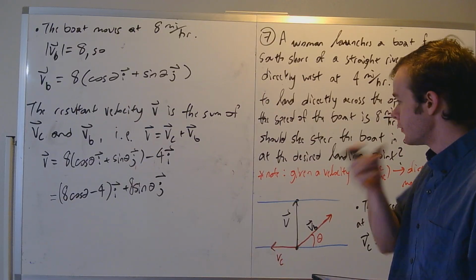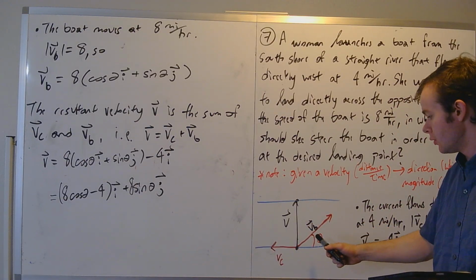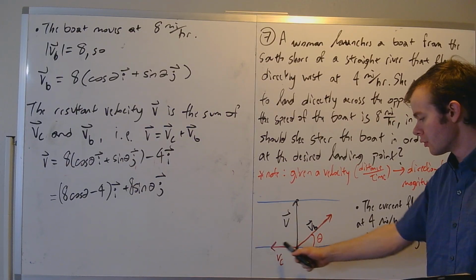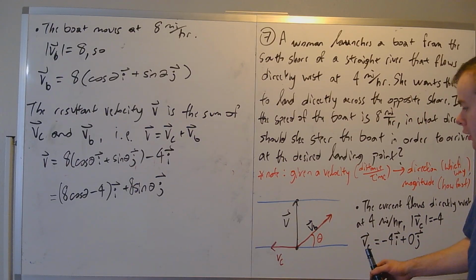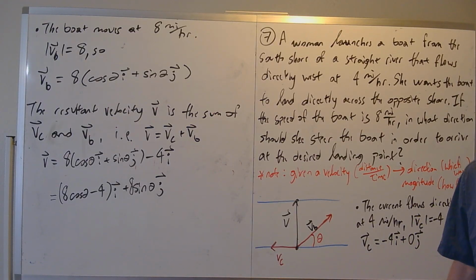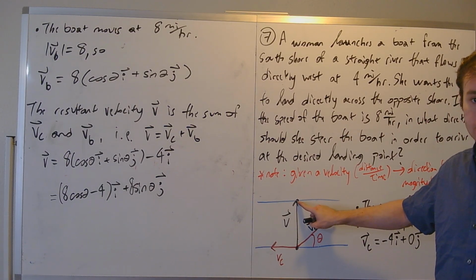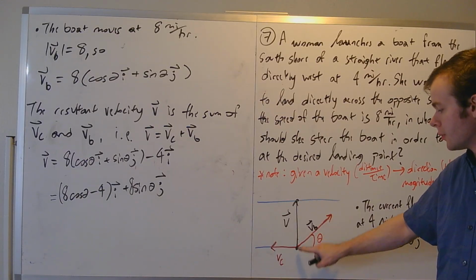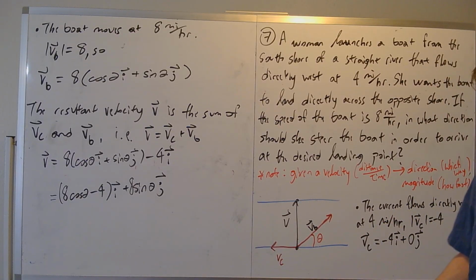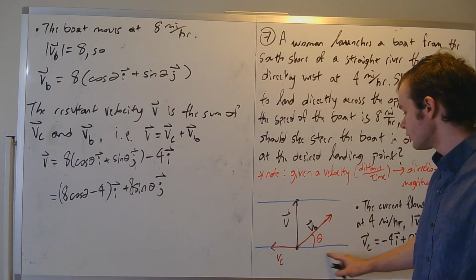And now we have to think about what we want for our resultant velocity. You can ask yourself, how much velocity do we want in the horizontal direction if we want to end up exactly across from where we started? Well, we want 0 horizontal velocity, because otherwise we're going to get skewed this way or skewed this way.